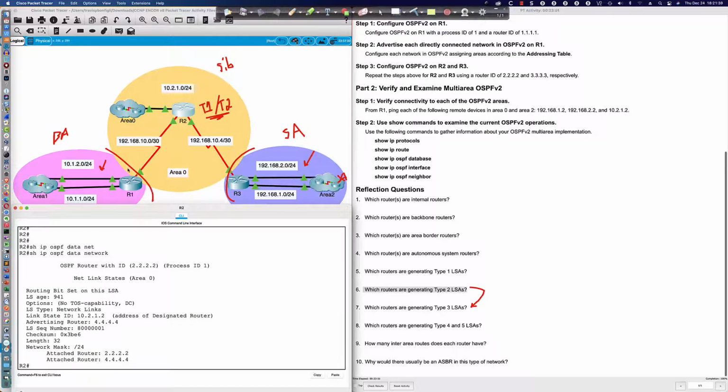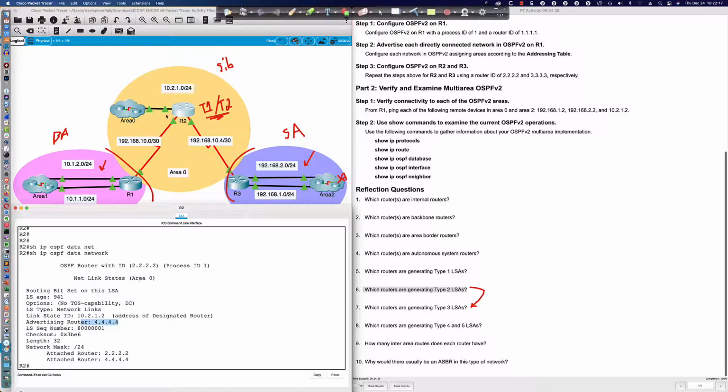And that proves that the type 2 LSAs from area 1 and the type 2 LSAs we're going to see over here in area 2 are not flooded into area 0, because router 2, which is in area 0, even though it's directly connected to router 1 and router 3, will not see the type 1 LSAs or the type 2 LSAs from either area 1 or area 2. Those LSA types are bound to the area in which they are originated. And therefore, the only router advertising a type 2 LSA here is router 4.